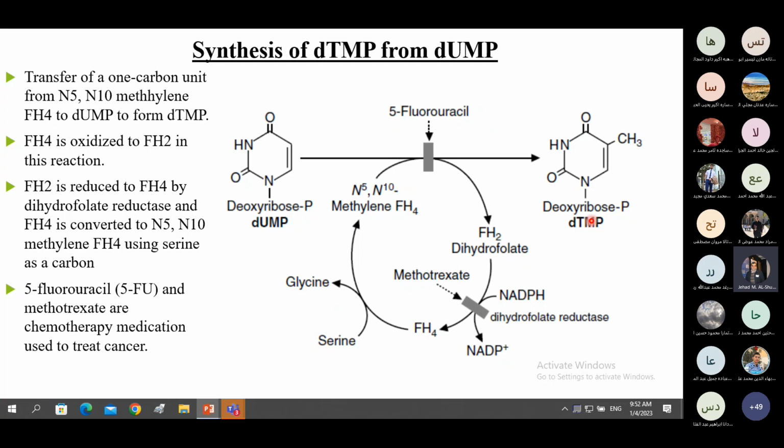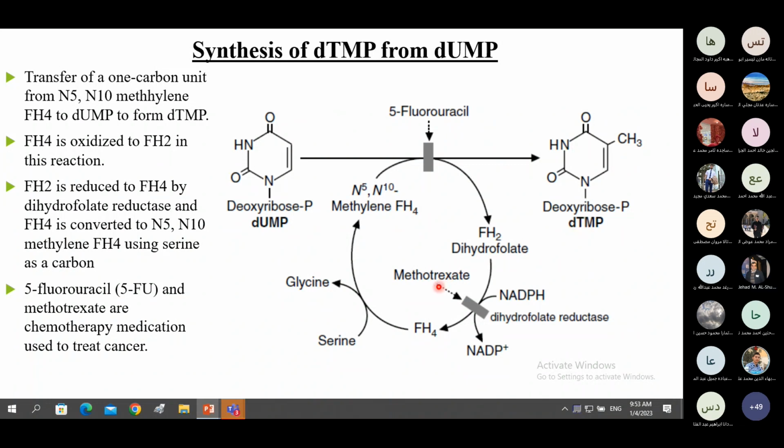See how important the thing is. If we prevent the conversion of dUMP to dTMP, deoxythymidine monophosphate is required for the synthesis of DNA. If there is no nucleotide thymidine, there will be no synthesis of the DNA. This is why the cancer will be blocked.